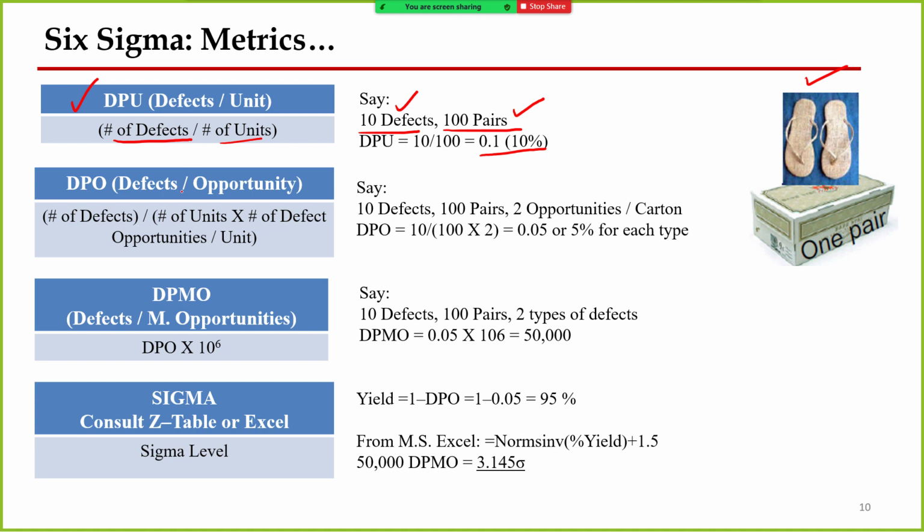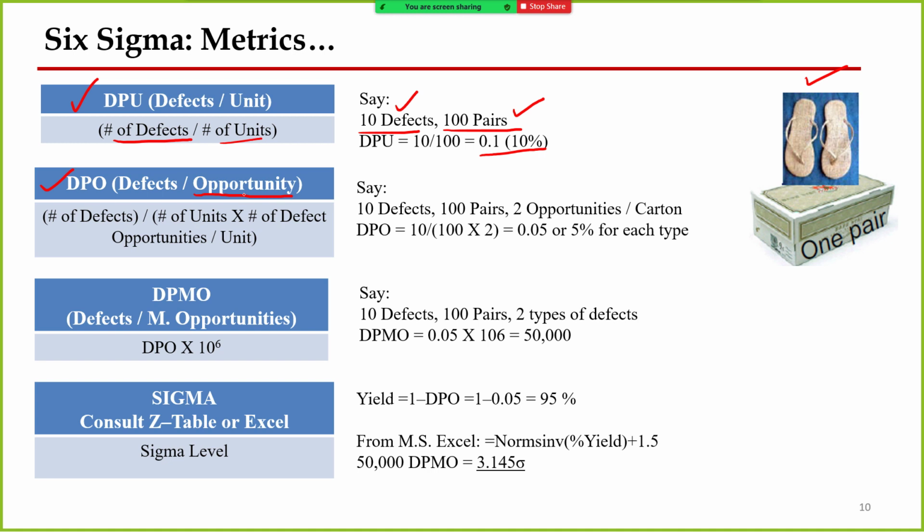The next metric we are calculating is DPO, which is defects per opportunity. What is the meaning of opportunity? An opportunity is the number of ways you are checking the product in order to find a defect, or you can say the number of components on a product.